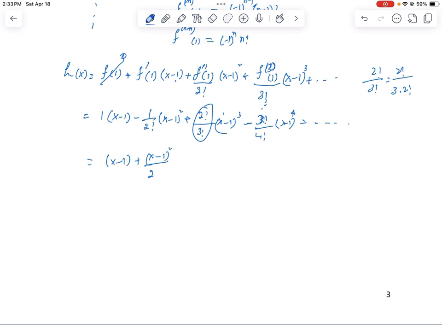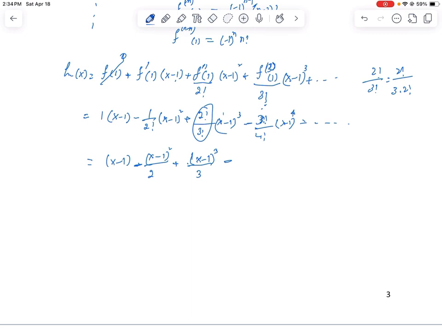So I get plus 1 over 3 factorial, or x minus 1 whole cube over 3. Next is negative.